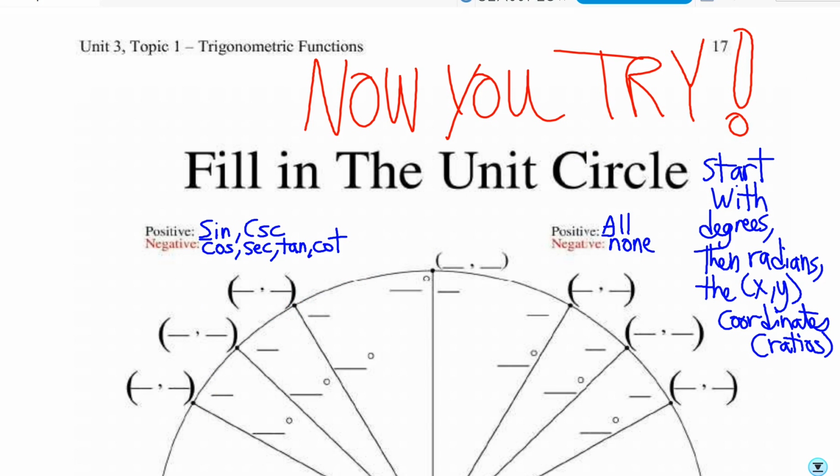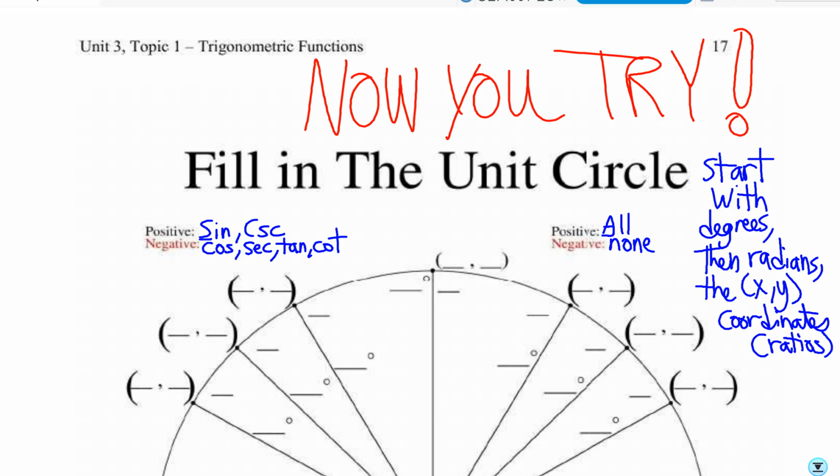Since I have to start using mostly radians, I need to not only label this unit circle with all of the degrees, I need to also label it with our radians so that we have a good idea of where we are in the unit circle, what quadrant we're in, what ratio we're doing, and what is the measurement of the angle we're using that bumps up against the origin and starts rotating from the positive side of the x-axis.